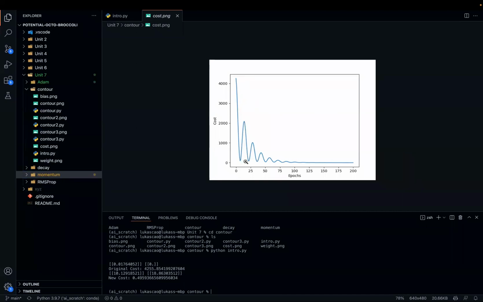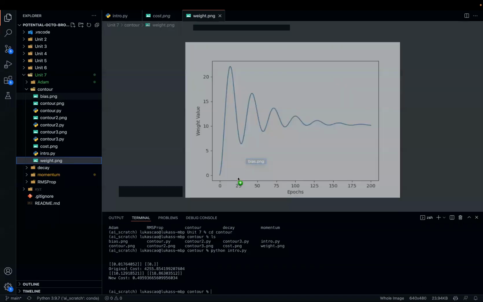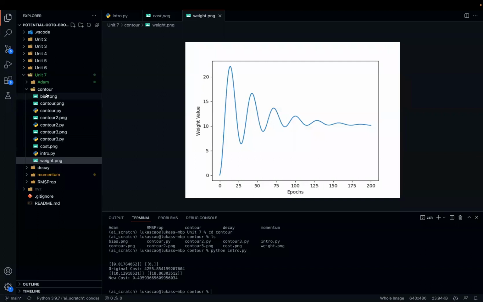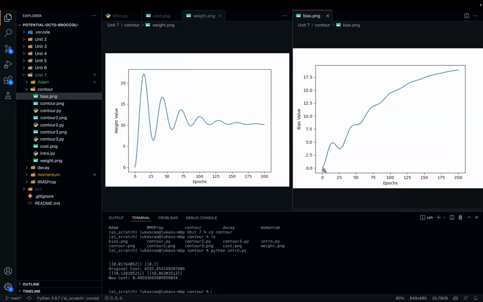And the reason why it's coming back up is because if you look at the weight, you increase too much at the very beginning. So your weight all the way goes to 20. And then it goes down because it needs to hit this 10. And then it keeps on oscillating around this 10 value. And the reason why it's oscillating is because it's waiting for the bias. Okay, so it's waiting for the bias to hit 20, but the bias is wiggling as well because the weight is wiggling, going up and down, up and down.